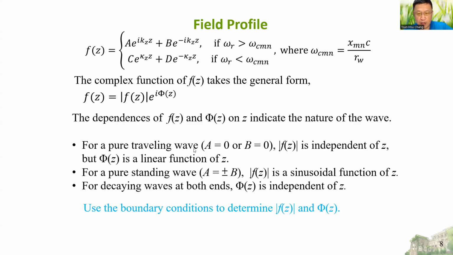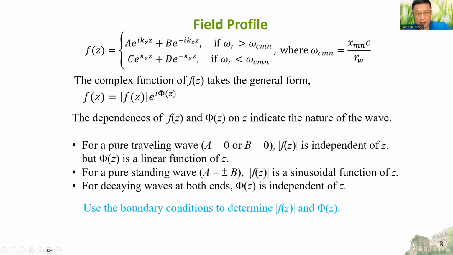For a pure traveling wave, A equals 0 and B non-zero, or B equals 0 and A non-zero, then f of z will be independent of z, and the phase part will move to phi. But phi is a linear function of z, kz times z, or negative kz times z.